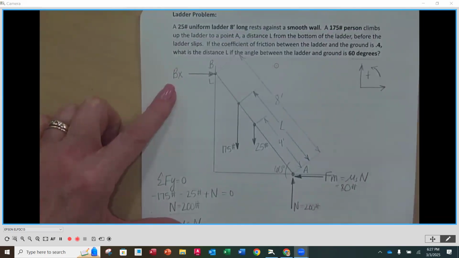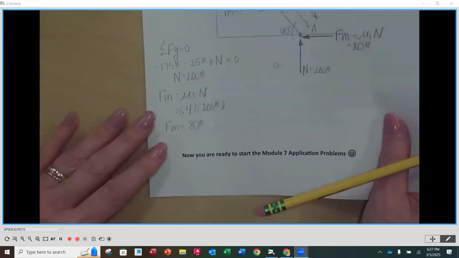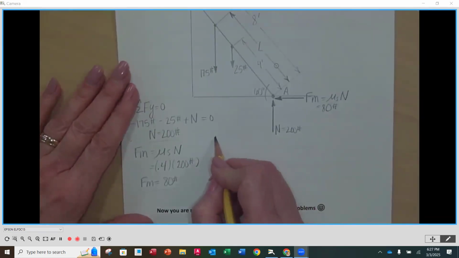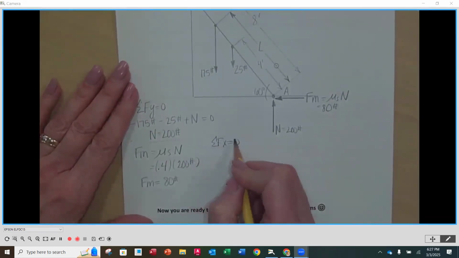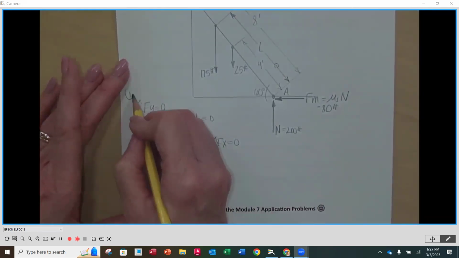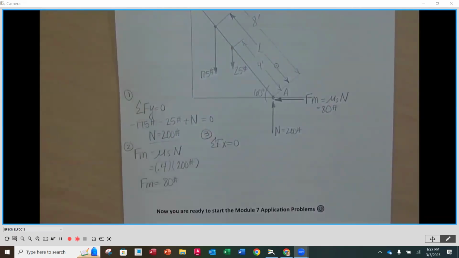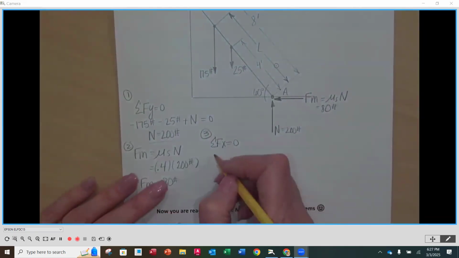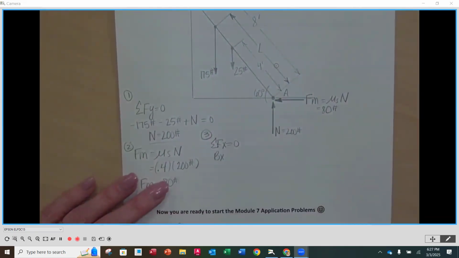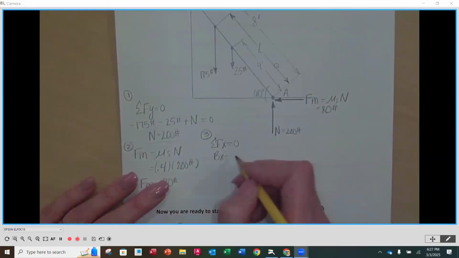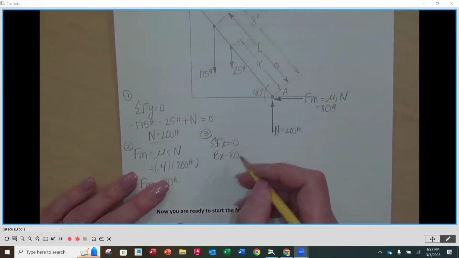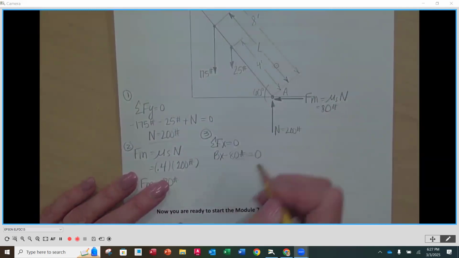Sure. We can sum our forces in the X equals 0. This is fun. So if we sum our forces in the X equals 0, so I should say this was my number 1, this was my number 2, this is my number 3. So if we're looking for order here, we would have a Bx positive minus 80, because it's pointing to the left, pounds is equal to 0.